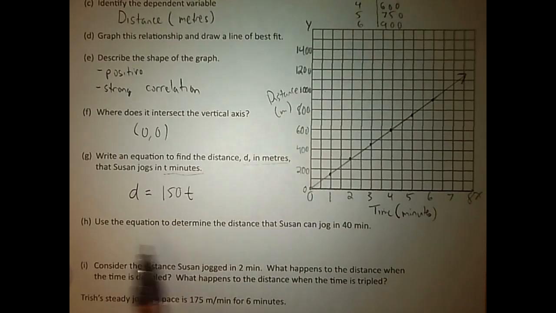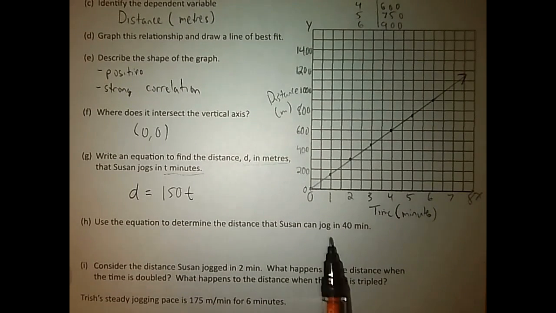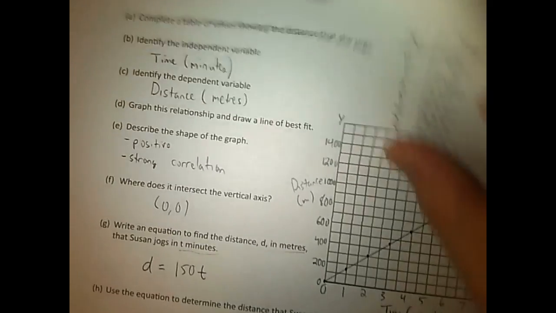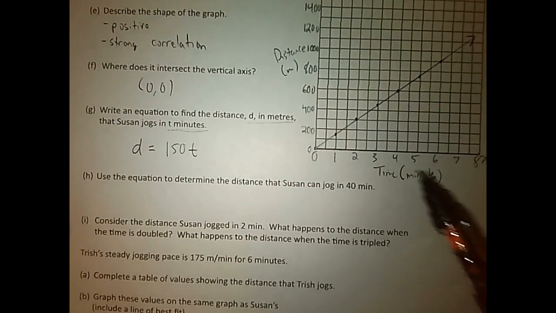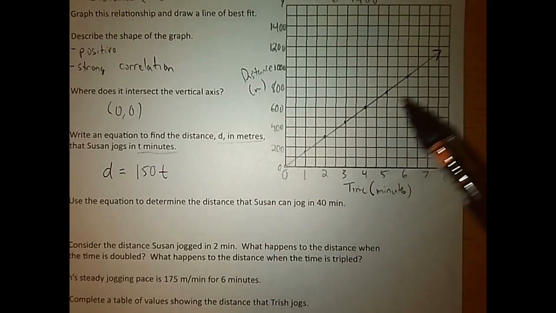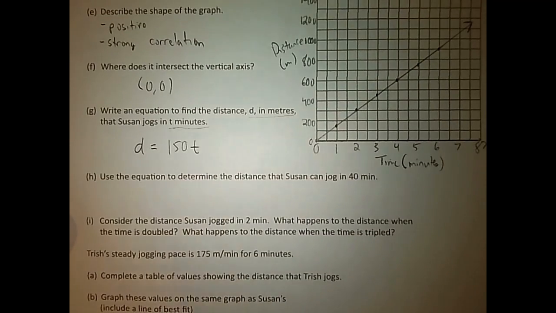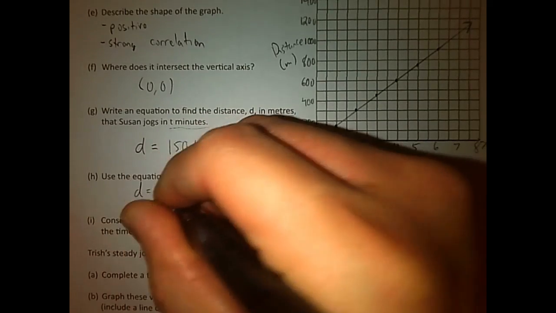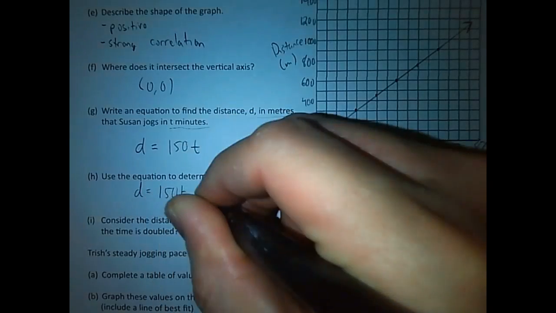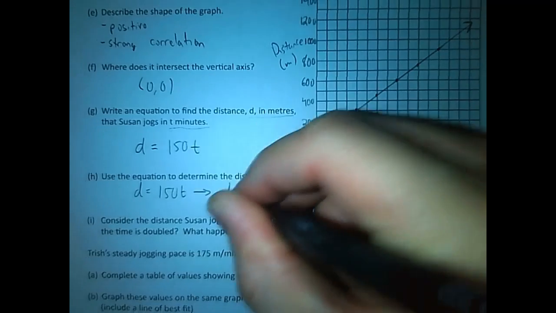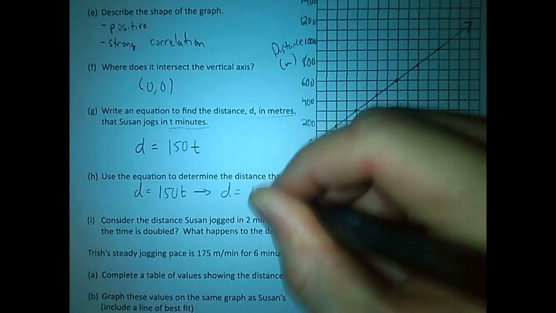And then it says use the equation to determine the distance that Susan can jog in 40 minutes. So now that we've figured that out, we don't have to graph this further all the way to 40 minutes if we don't want to. We have an equation to do calculations a little bit faster. So d is equal to 150t. d is equal to 150 times 40.